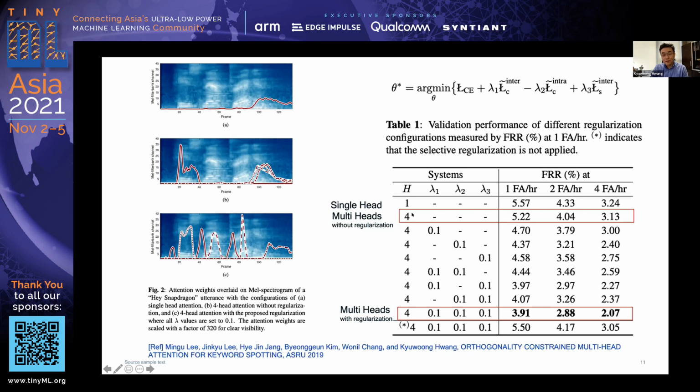Both this one and this one use 4 heads, same network architecture, same computation. But by giving this regularization to obtain different parts of the keyword, the false alarm rate is reduced from 5 to about 4 per hour. So there is a good improvement with these constraints.